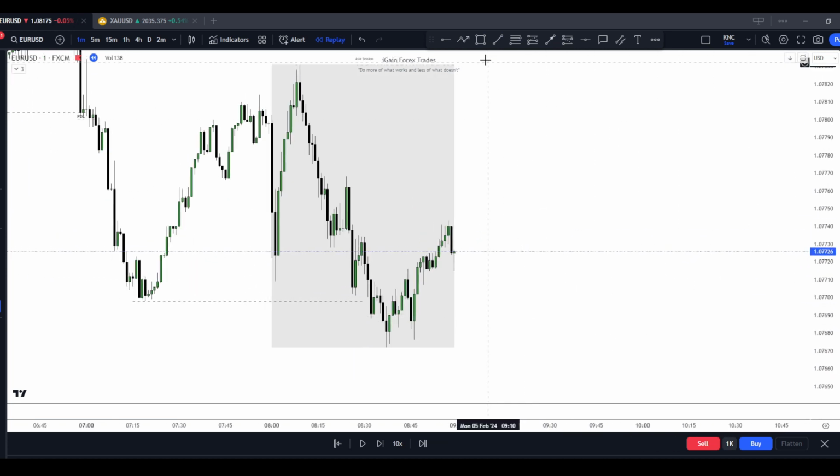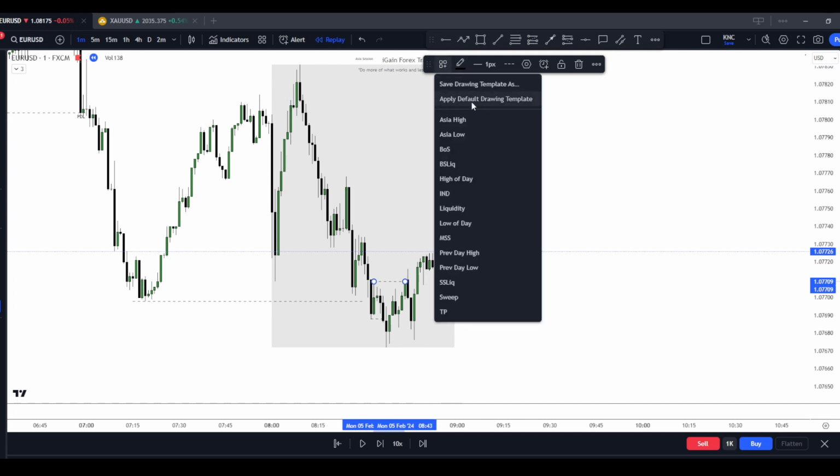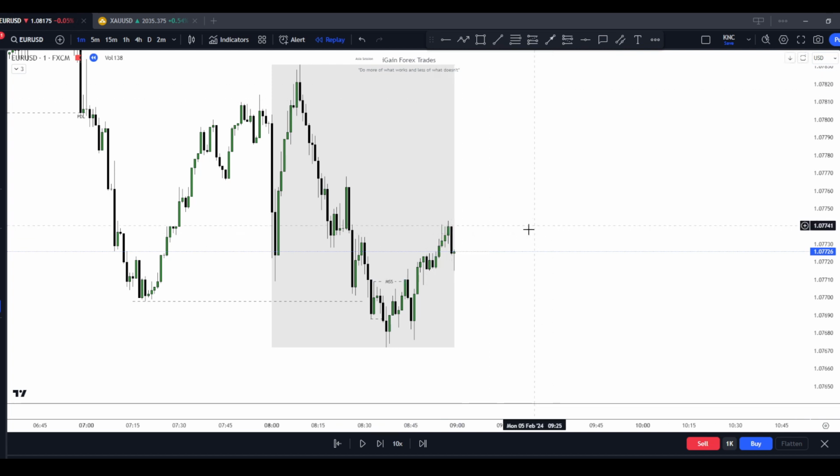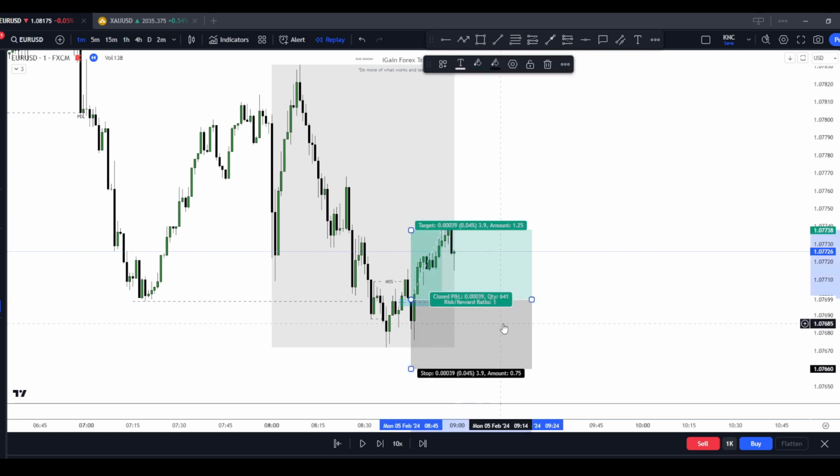We can clearly see here that this is the sweep, and then this is the market structure shift. So our next step is that we will enter at this FVG and place our long here on this FVG.